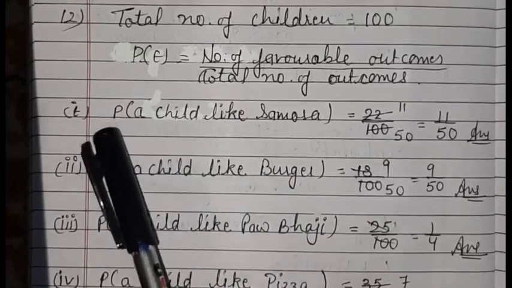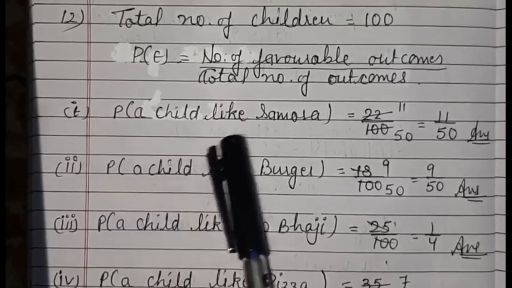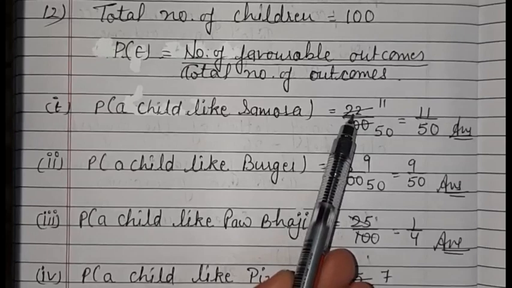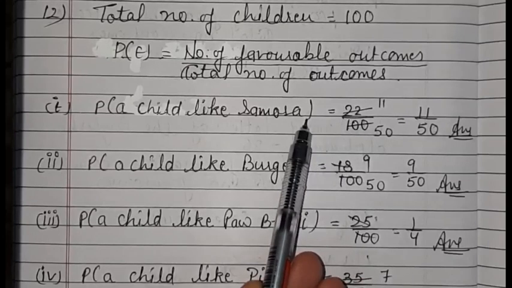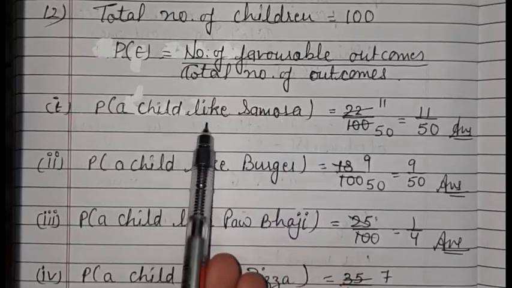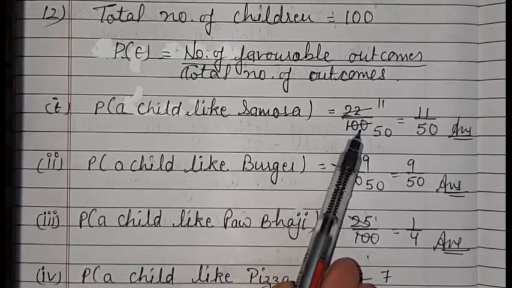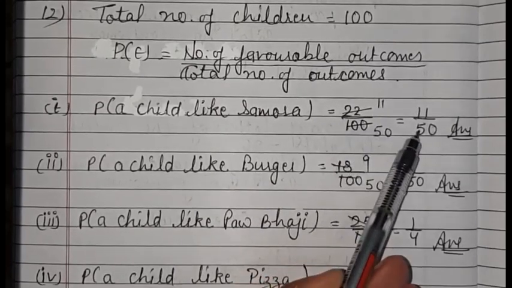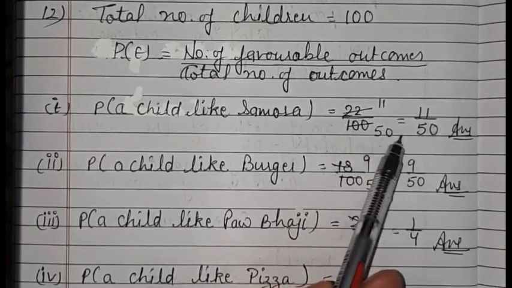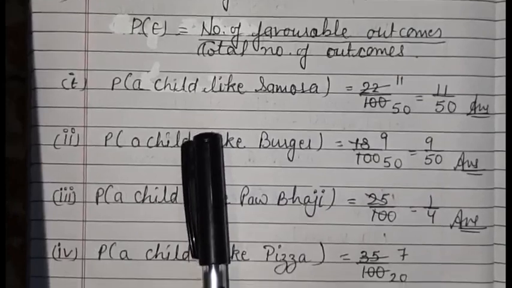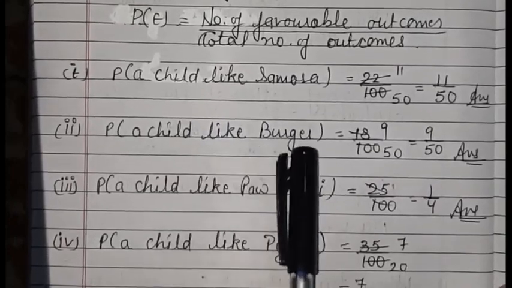If we have to calculate the probability of a child liking samosa, there are 22 children whose favorite food was samosa. So the probability that a child likes samosa is equal to 22 by 100, which is 11 by 50 when we convert into simplest form. Right? Similarly, a child likes burger.